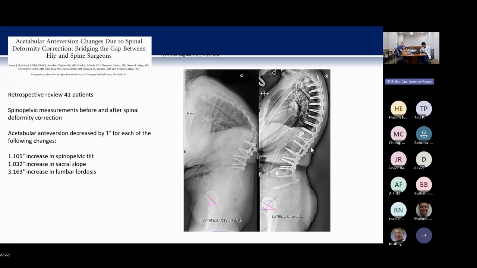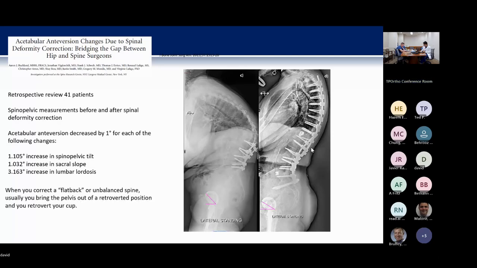So in most situations, you're not going to be dramatically changing alignment. But if they have severe sagittal imbalance and then go through a major reconstruction, that could alter the cup mechanics and the position of the cup relative to their standing position. So it could end up retroverting the cup.